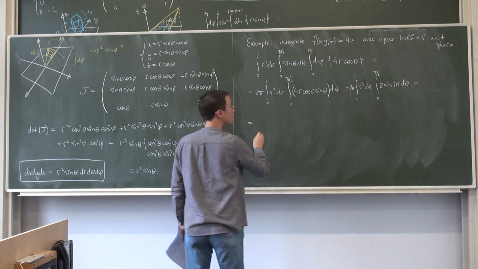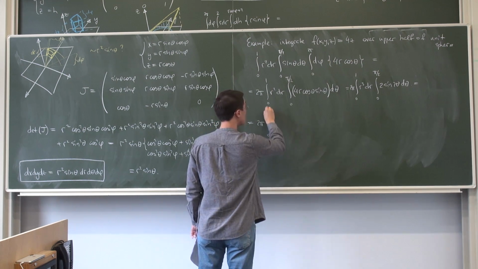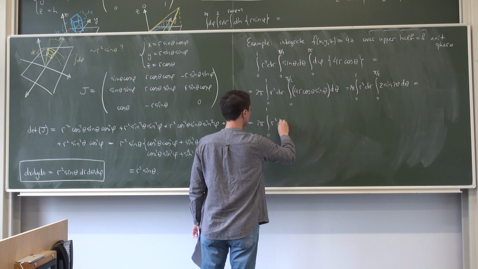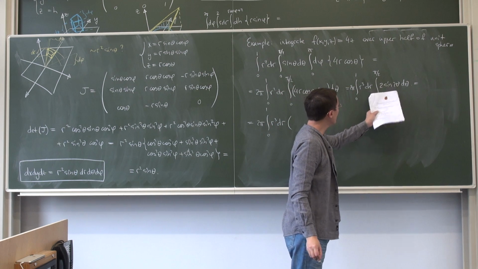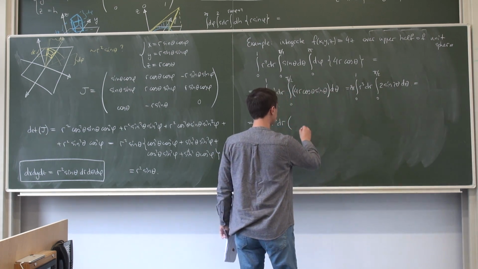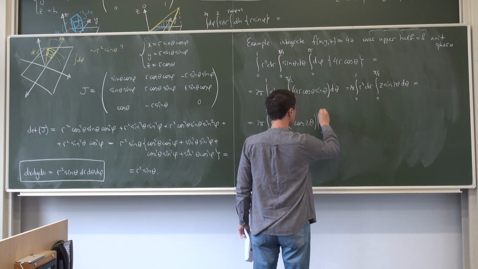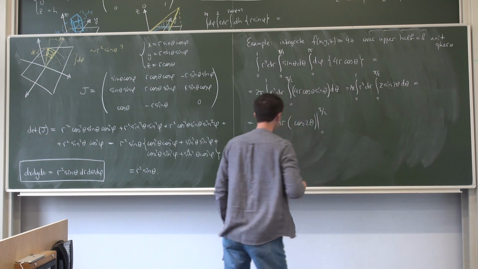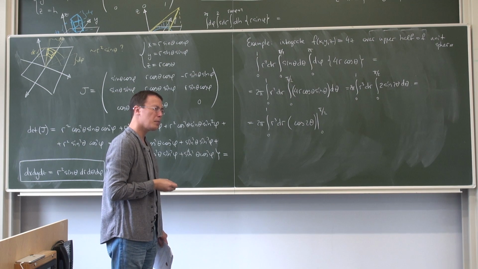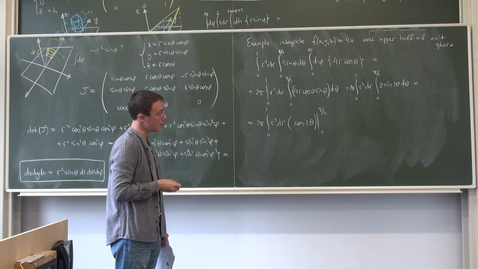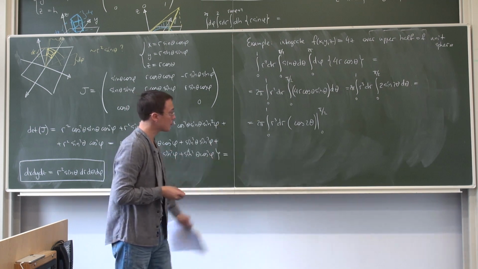And that is 2 pi integral from 0 to 1 r cubed dr. And in here, okay, so that will be a cos 2 theta from 0 to pi by 2. Cos 2 theta at pi by 2, cos pi is minus 1, cos 0 is 1, so minus 2, so minus 4 pi.